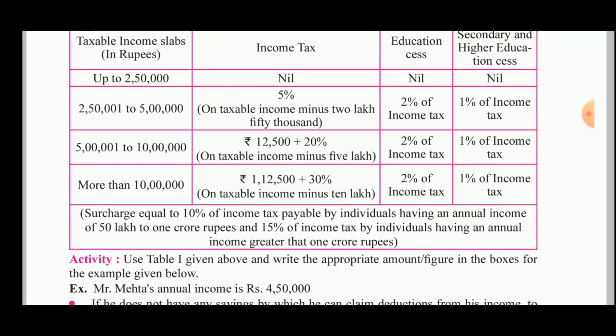From 5 lakh 1 rupee to 10 lakhs, the income tax will be 12,500 plus 20% on taxable income minus 5 lakh, and 2% of the income tax and 1% of the income tax.